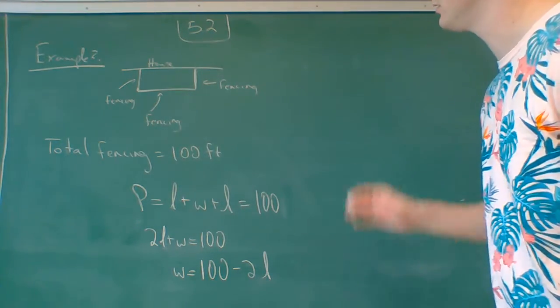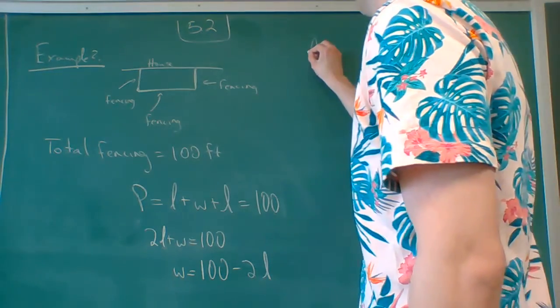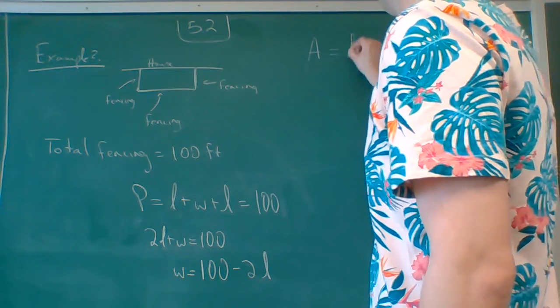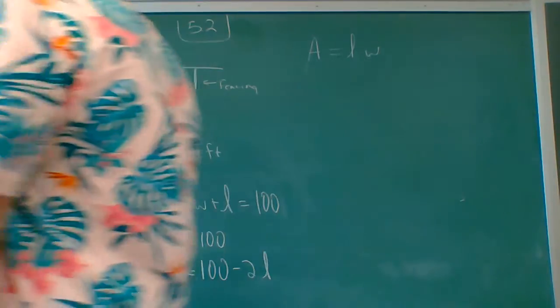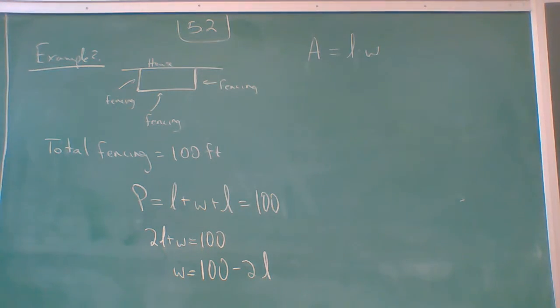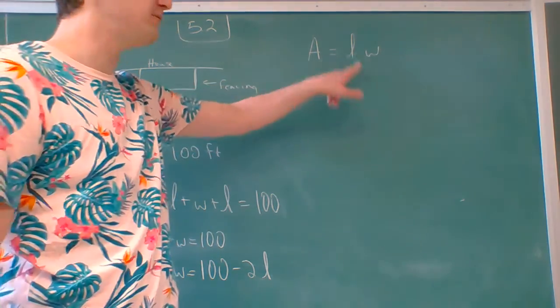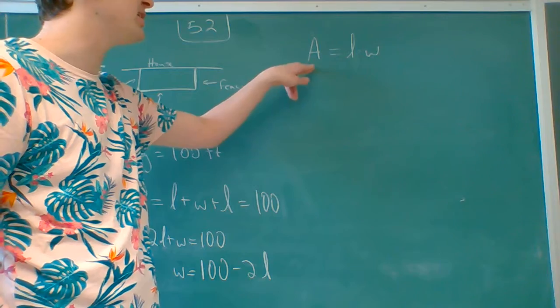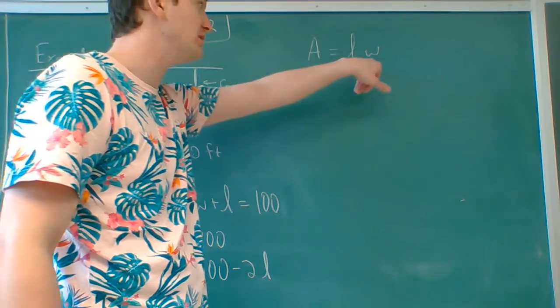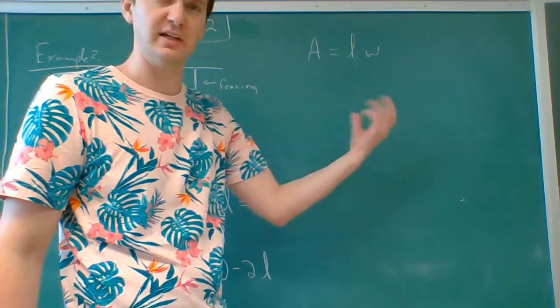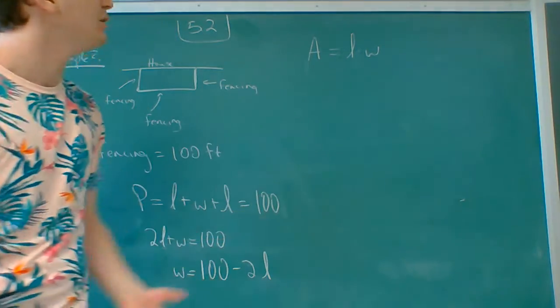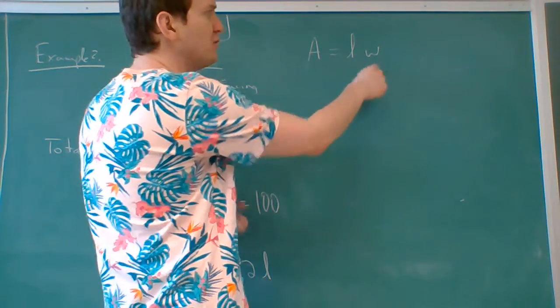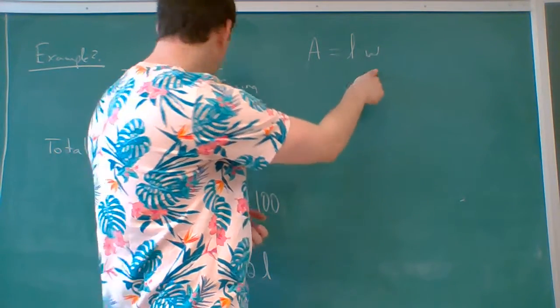Okay. What are we trying to maximize here? Area, right? Area is equal to the product of those two sides, length times width. We need this to be a function. If we're trying to maximize area, we need a function so that we can then take its derivative and maximize it. The problem is, this is a function of two variables here, length and width.